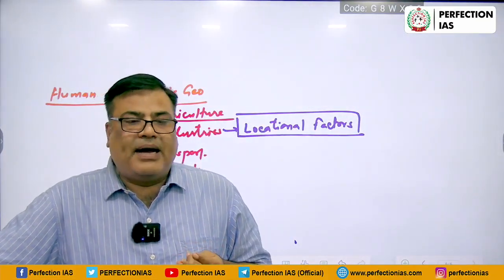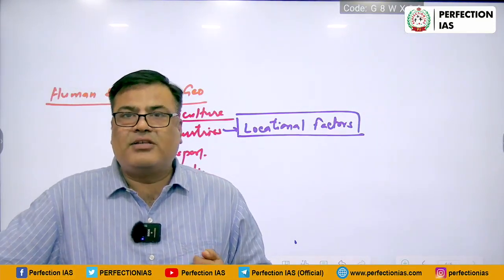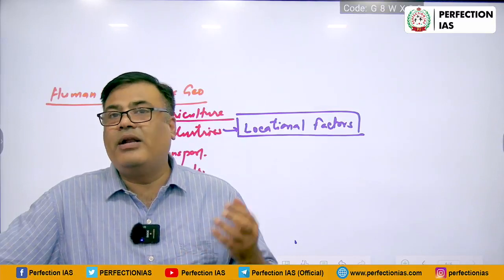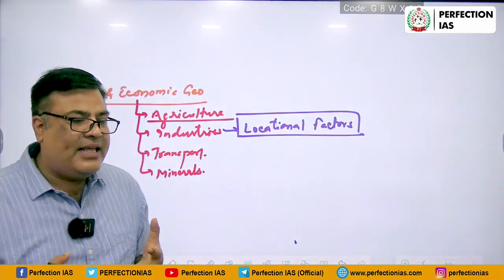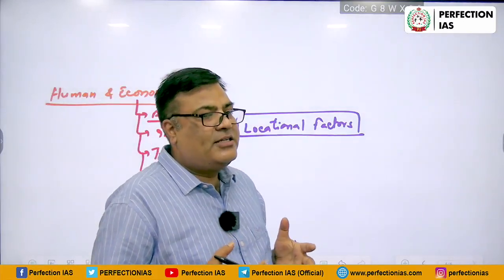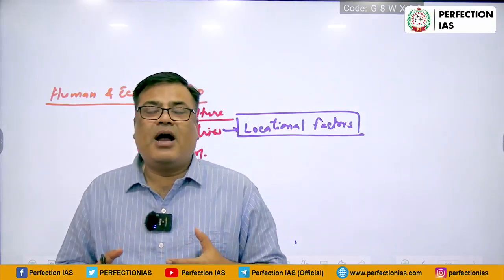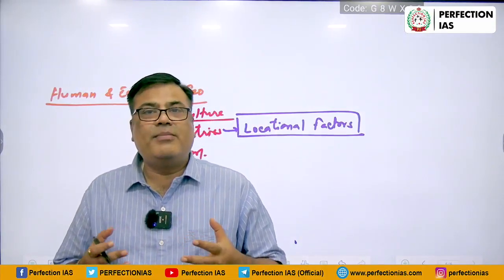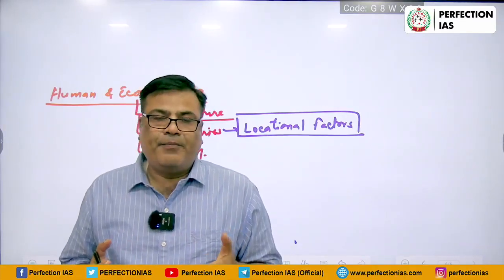If we look, you will find that most of the industries are located in Maharashtra, in Gujarat, in Tamil Nadu, in Karnataka. And even though the various chief ministers have tried their level best to attract new industries to be established there in West Bengal, in Bihar, in Assam, in Manipur, in Mizoram, in Tripura, Nagaland, but the industries are not coming over there.